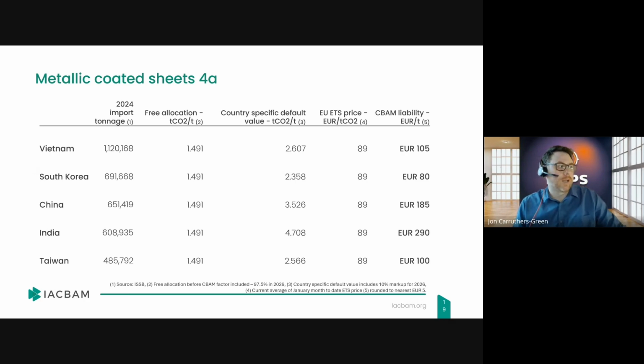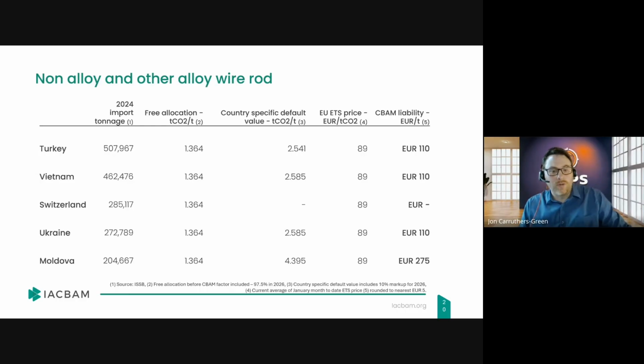I've just got a couple more categories that I want to mention. One of these is wire rod, and the reason for mentioning this one is because of some of the peculiarities of the way the CBAM pricing is going to work. Third on our list here, with an import tonnage of around 280,000 tons in 2024, is Switzerland, and you can see that I have put their liability there as 0.